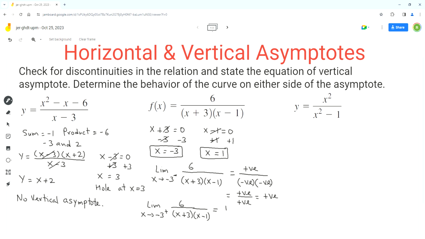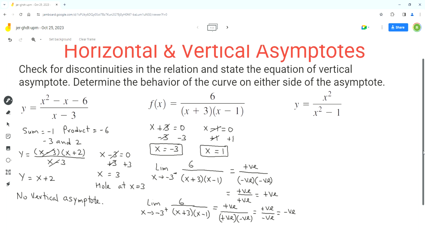Now the numerator will always be positive, and in the denominator, x plus 3 will become positive because if we sub in x as negative 2.9, the result will be a positive value. And in the second parentheses, x minus 1, if we sub in x as negative 2.9, we'll get a negative value. As a result, we'll end up with an overall negative value in the denominator, and that will make the overall value of this limit negative.